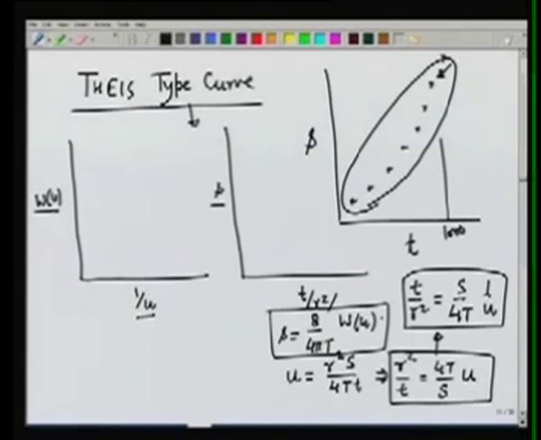So if you look at these two equations, we can see that relation between s and t over r square and relation between W(u) and 1 over u would be similar, only a shift of the axis would be there.